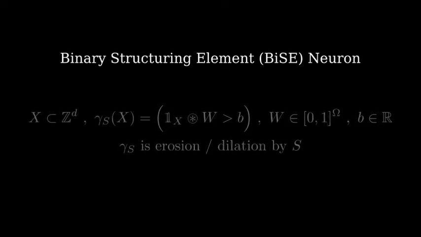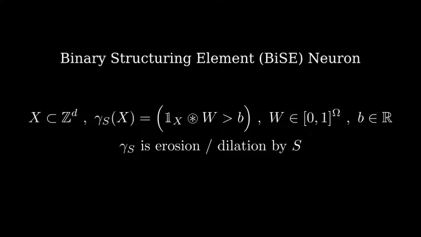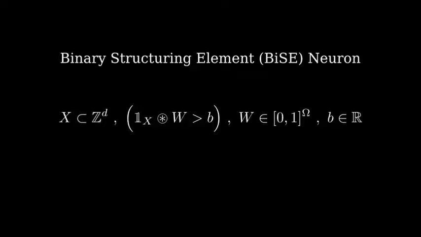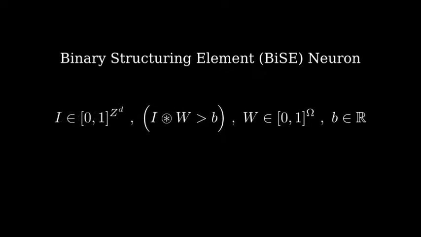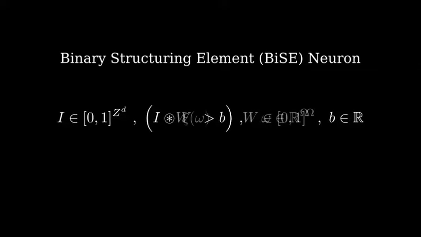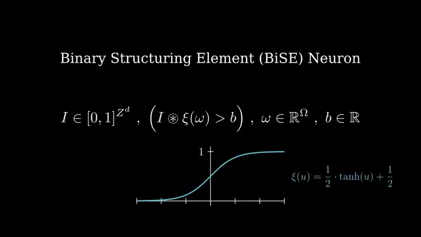We have seen that the morphological operations can be seen as thresholded convolution. We will focus on the thresholded convolution parts. First, we replace the strict binary input with a normalized one between 0 and 1. Then we enforce the normalization of W with a smooth threshold function of a real parameter omega.